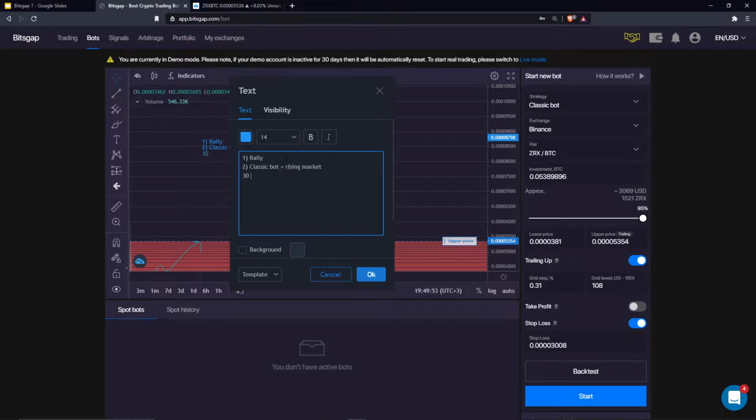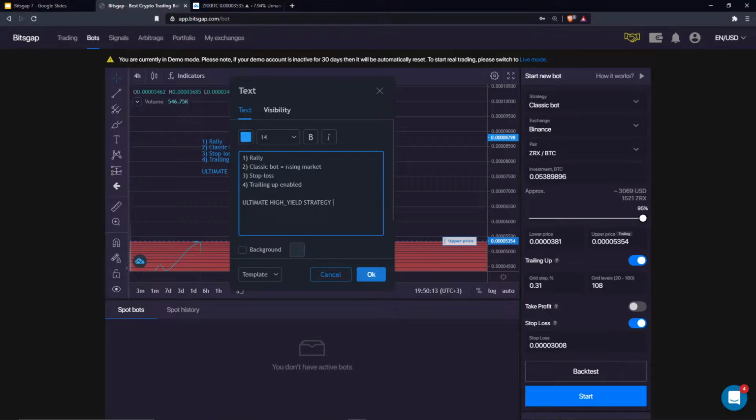The third one is to make sure that you have the stop loss just in case something goes wrong, and the fourth one is trailing up enabled. That's your ultimate high yield strategy with Bitsgap bots.